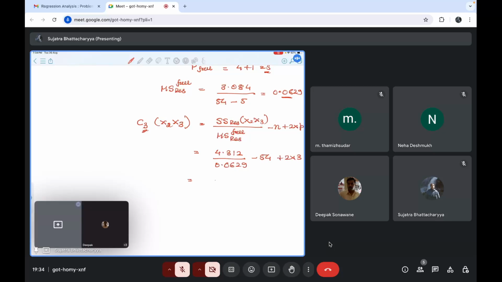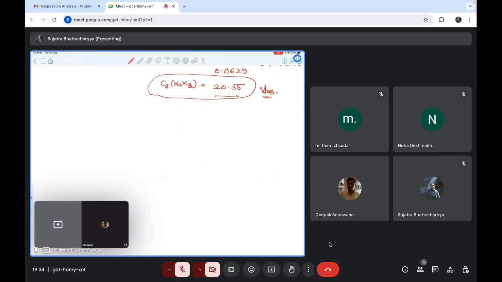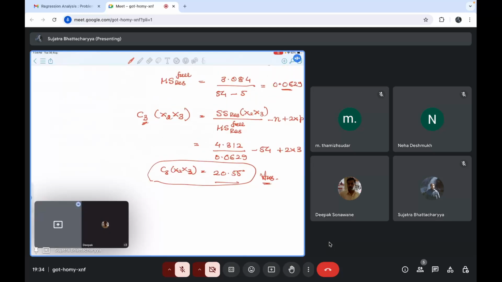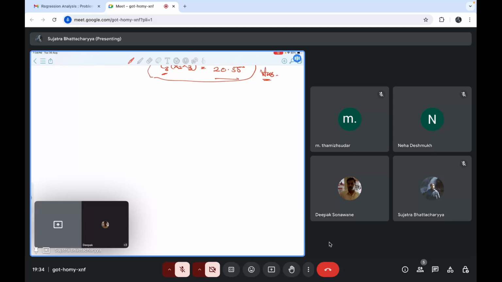This comes out to be about 20.55. So Cp for x2, x3 will be 20.55. This is the answer. As you can see, the model with x2, x3 will not be that good according to the Mallows statistic, because had Cp been close to 3, it would be a good model. Fine. This is the first.